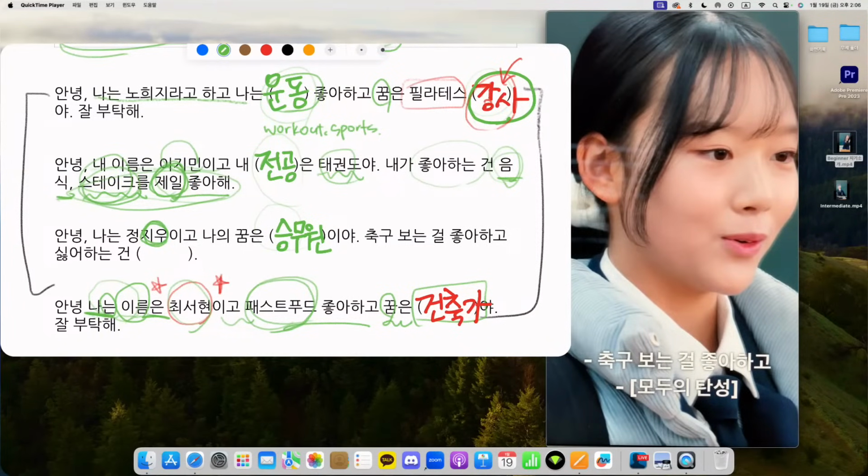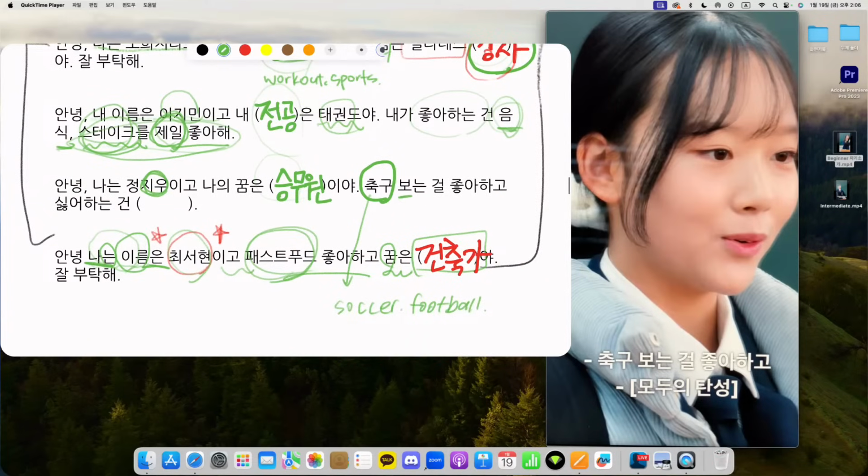축구 보는 거. So 축구 means soccer or football in proper English. 그래서 축구 보다 하면은 축구 경기 보다랑 똑같아요. 축구 경기를 보다, to watch soccer match.